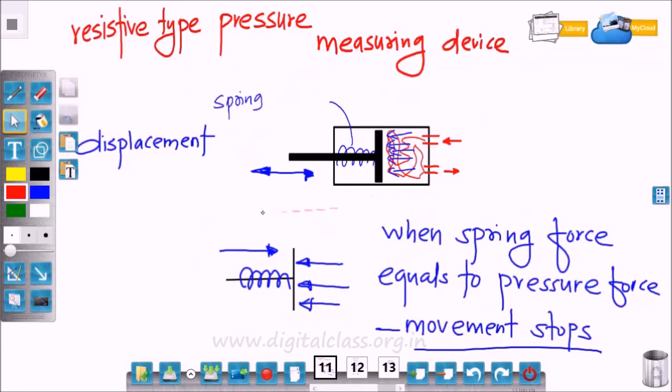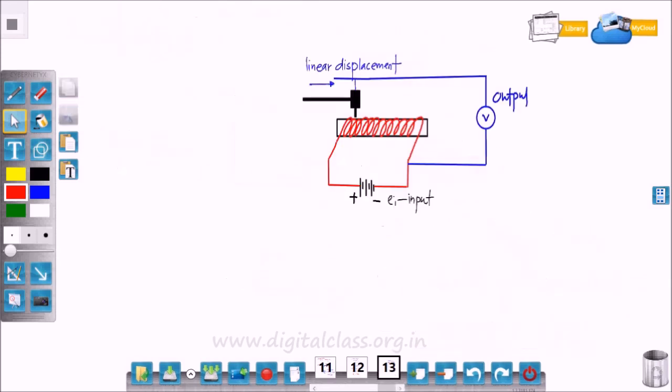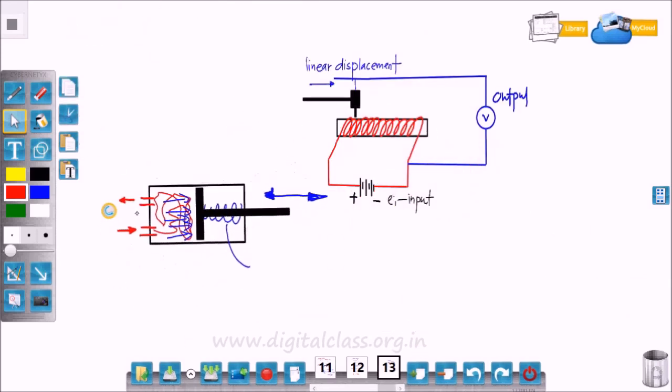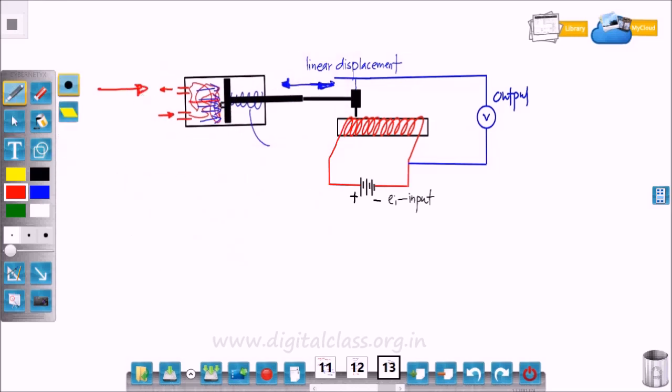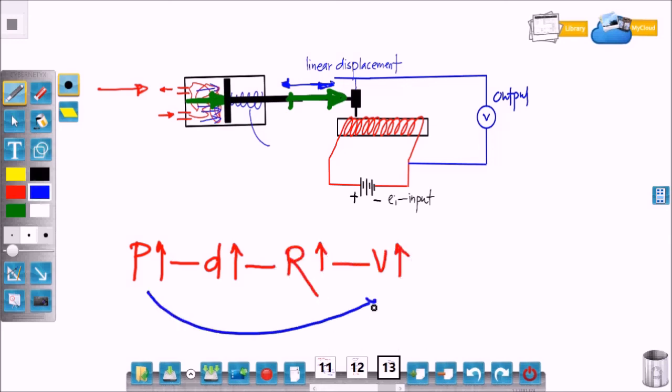Look at the diagram. As pressure increases, the piston moves, and this motion is transferred to the pointer. Finally, as pressure increases, displacement increases, then resistance increases, and due to resistance, voltage also increases. So we can measure the pressure in terms of the voltage.